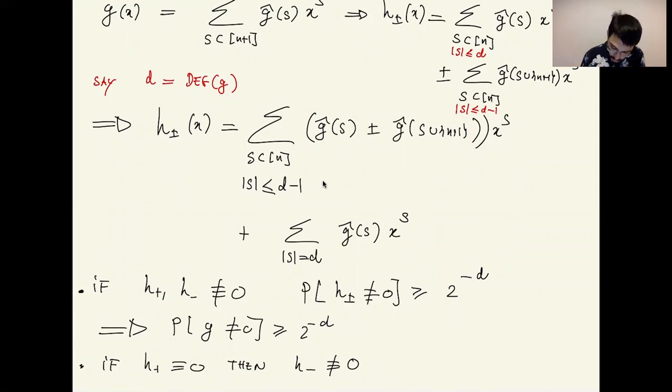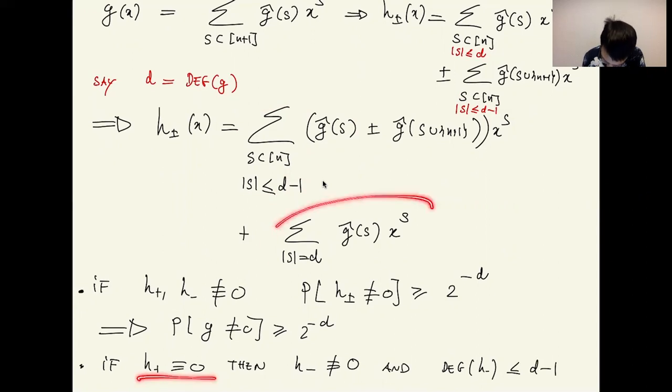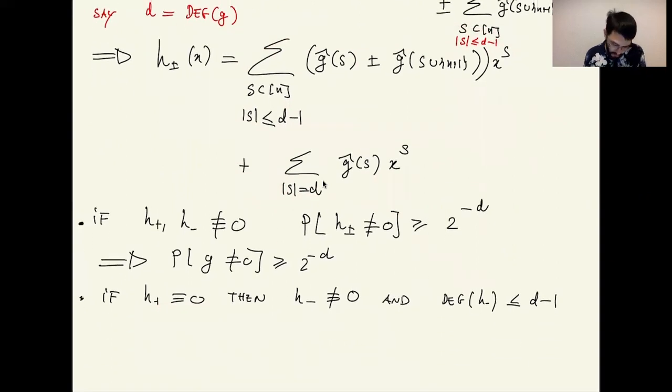Okay, but it's more than that. This is kind of obvious, but what I just said says that the degree of H minus is actually less or equal than D minus 1, because if H plus is 0, this part has to be 0. And then you only have things with degree less or equal than D minus 1. And then, of course, H minus has to be non-zero.